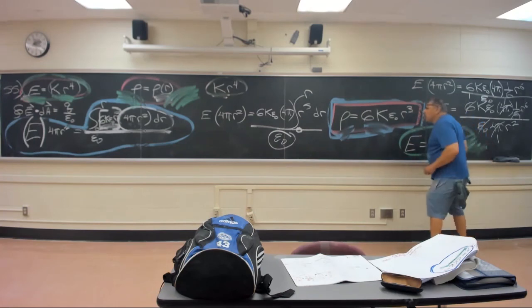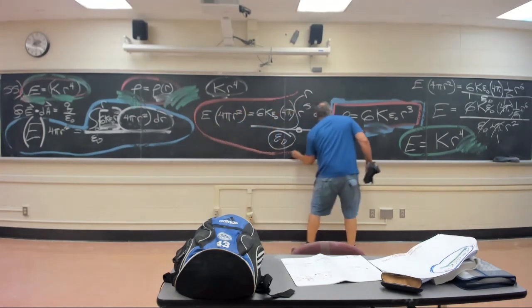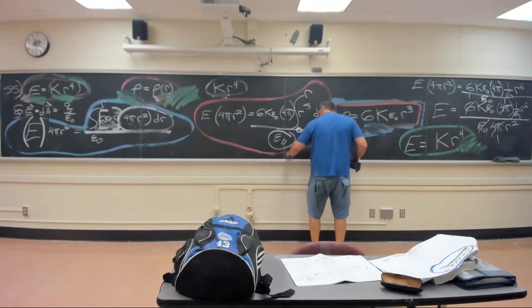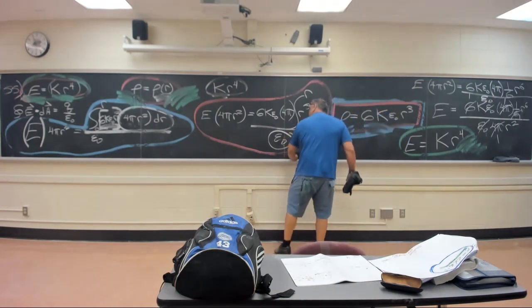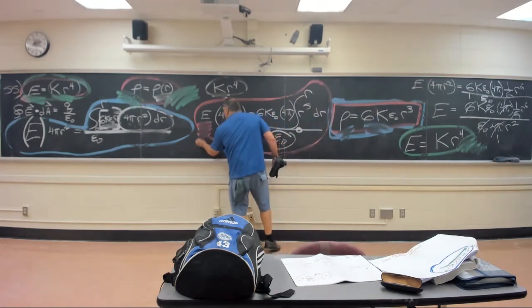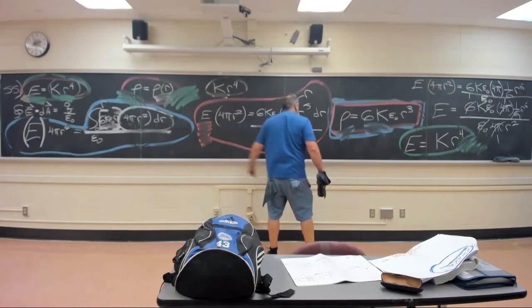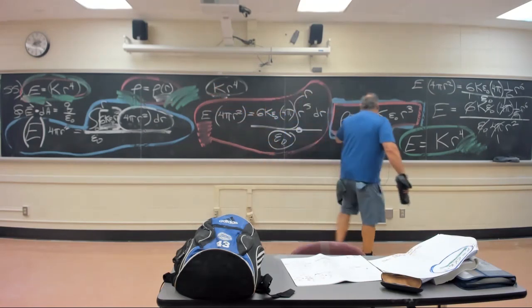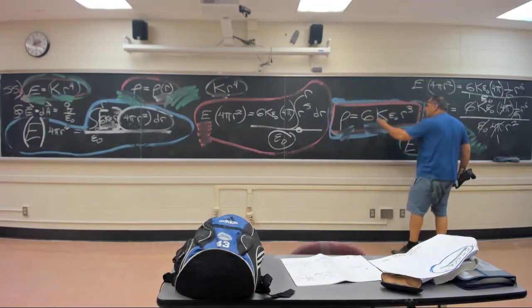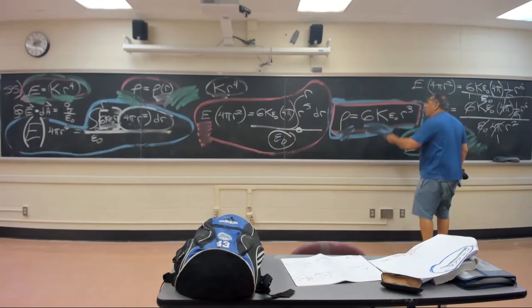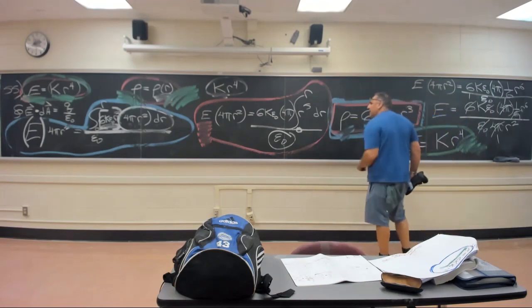If that's true, you can plug it into Gauss's law for electric fields and do the right evaluation, and you'll find at the end of all that the E that they were actually talking about, which is equal to capital K R to the 4th, that we used to find rho of R, which is equal to 6 capital K epsilon naught R to the 3rd. That let us find what rho is based on what they told us.